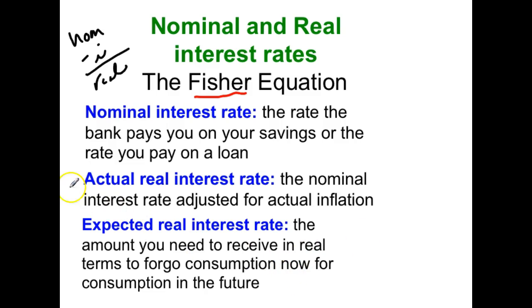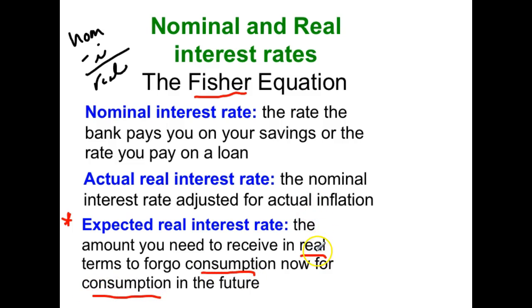And then we have this other piece, the expected real interest rate. The expected real interest rate is calculated based on expected inflation. It is the amount you would need to receive in real terms in order to forgo your consumption now for consumption in the future.